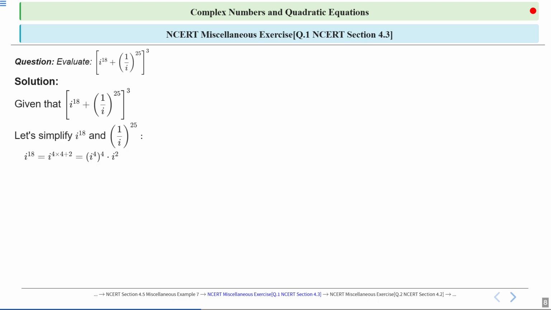So let's simplify iota to the power 18 and (1 divided by iota) to the power 25. Iota to the power 18 can be written as iota to the power 4 times 4 plus 2. Using the exponent rule, we can write it as (iota to the power 4) to the power 4 times iota square.